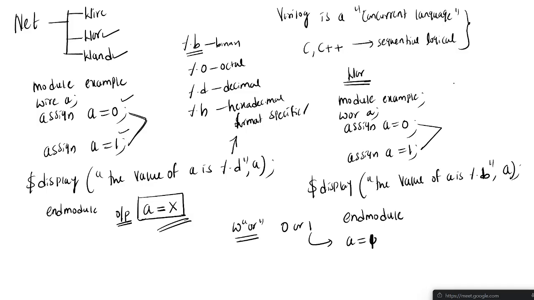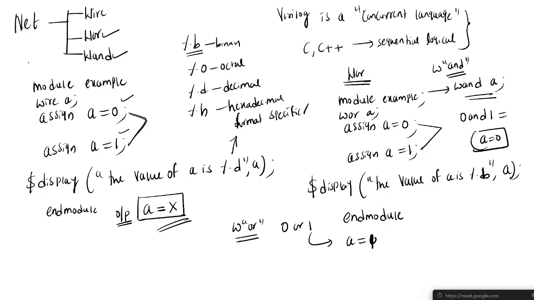And next, suppose in place of this code I am using WAND, what will it do? It will do an AND operation. So WAND means 0 AND 1. So the value of a equals 0.